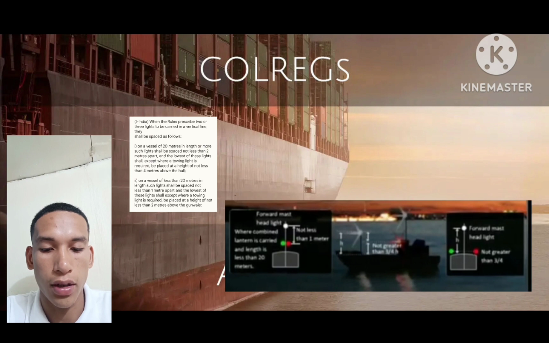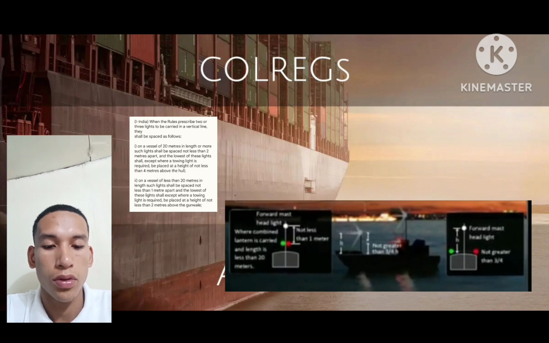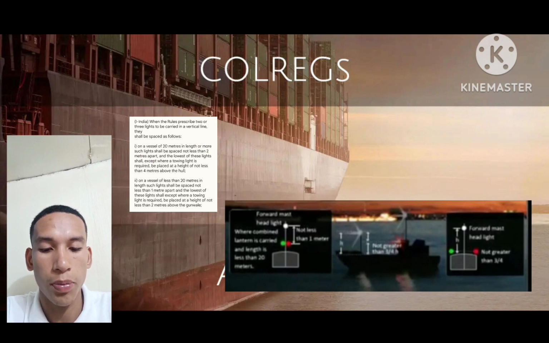I is for India. When the rules prescribe 2 or 3 lights to be carried in a vertical line, they shall be spaced as follows. On a vessel of 20 meters in length or more, such lights shall be spaced not less than 2 meters apart, and the lowest of these lights shall, except where a towing light is required, be placed at a height of not less than 4 meters above the hull.